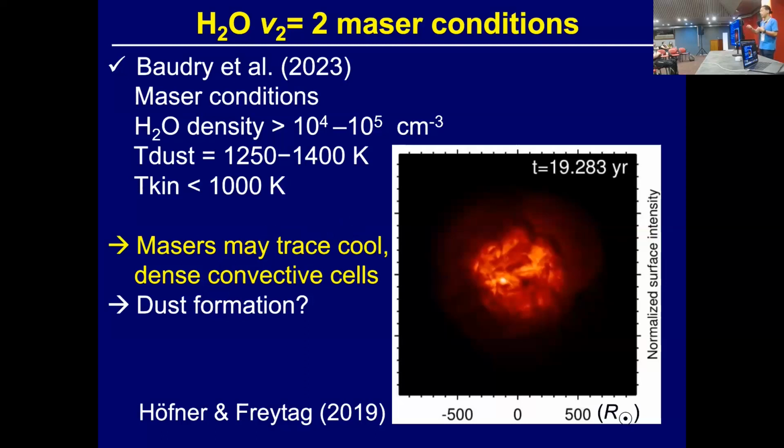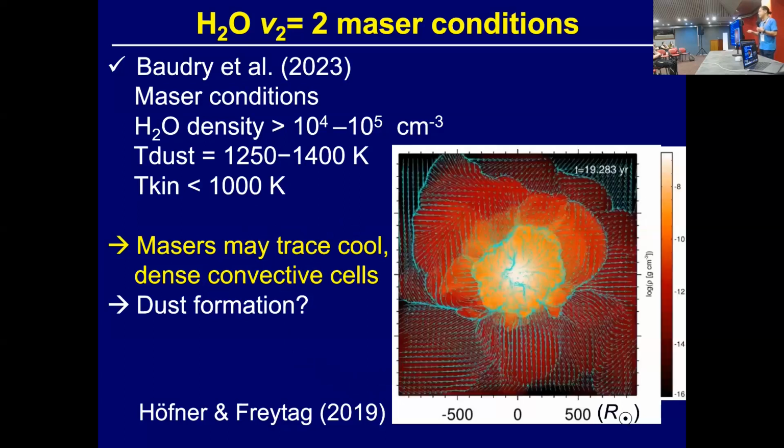What's shown here is a snapshot of a 3D convection model by Höfner and Freytag. This is the model intensity, and then this is the density map, which shows significant irregularities. So maybe the water masers in those cool, dense convective cells.